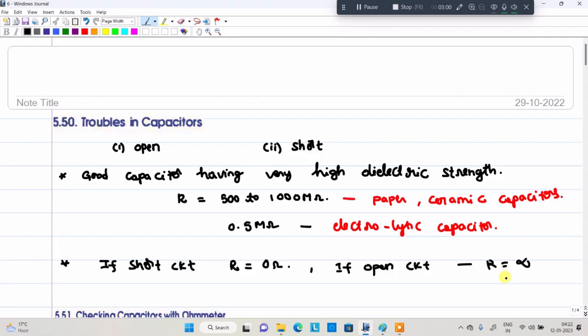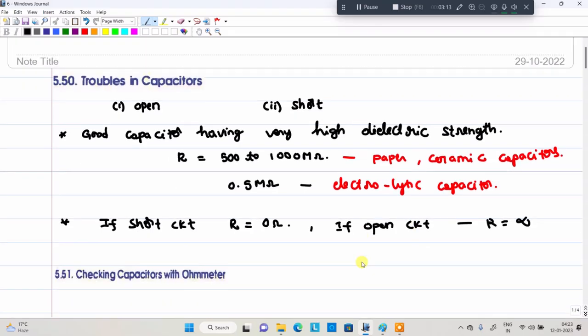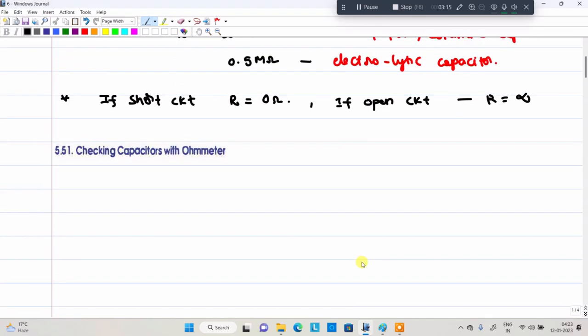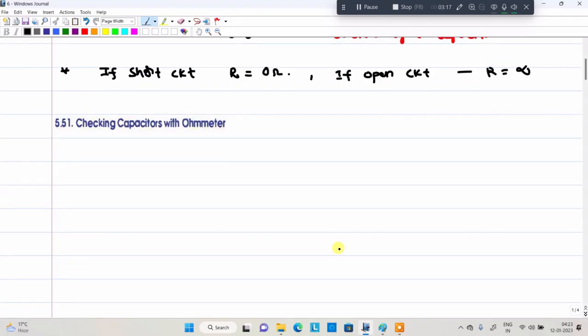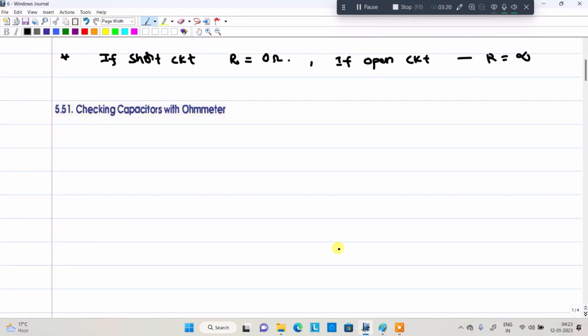This is the ideal case. So if it is short, the internal resistance is 0. If it is open, the internal resistance is infinity. Then we move to how to check with an ohm meter when these things happen. That is our next topic.